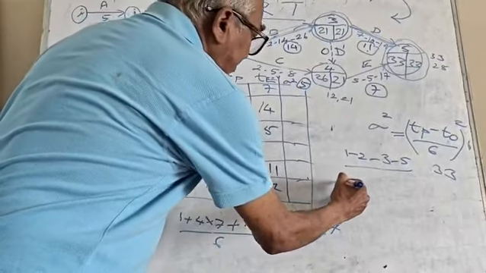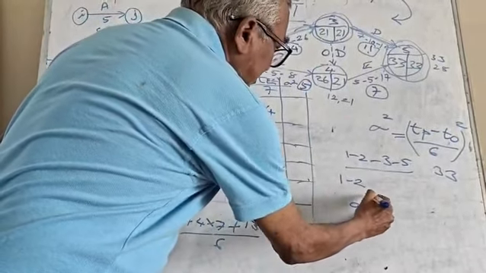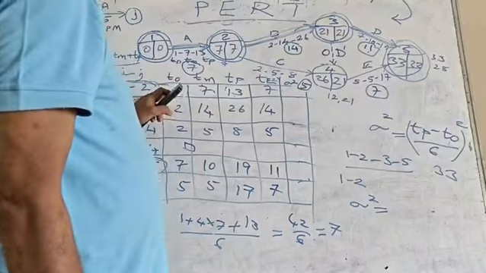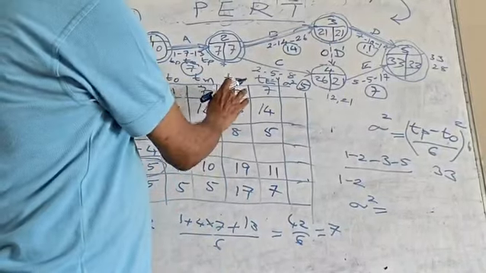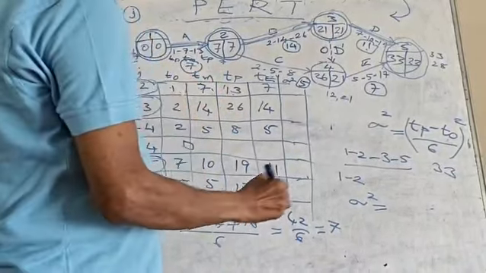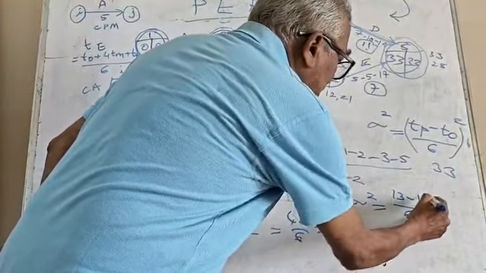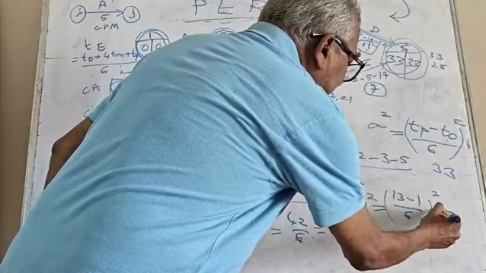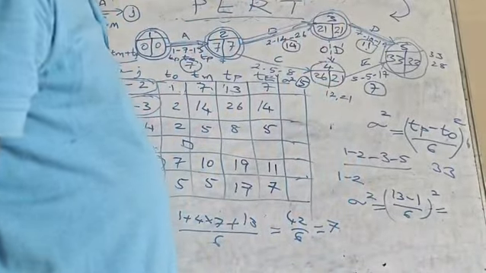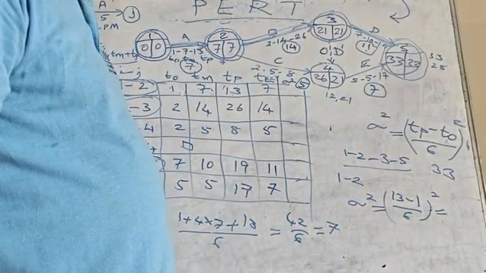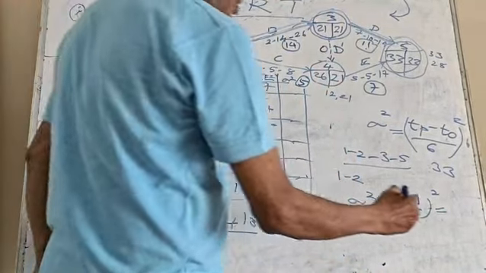See, for activity 1, 2, sigma square will be equal to, with 1, 7, 13, 13 minus 1 by 6 whole square. This one will become 13 minus 1 is 12. 12 by 6 is 2 square.